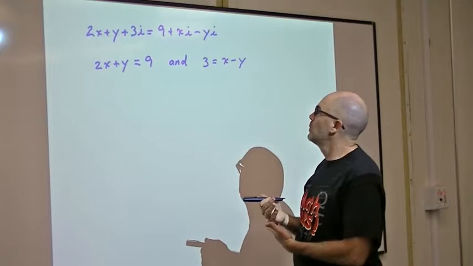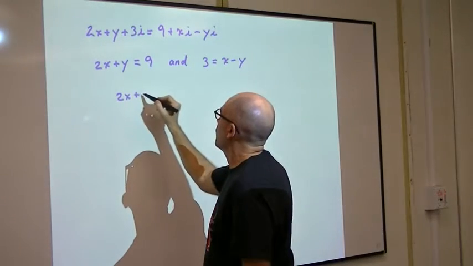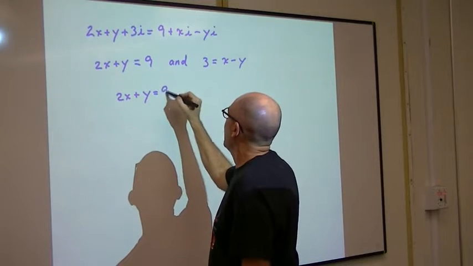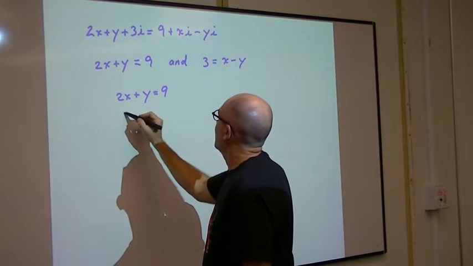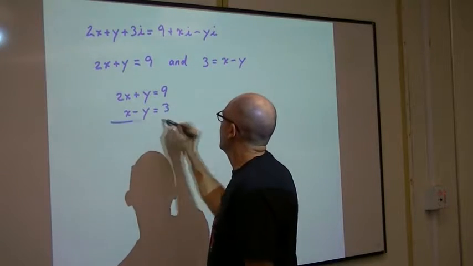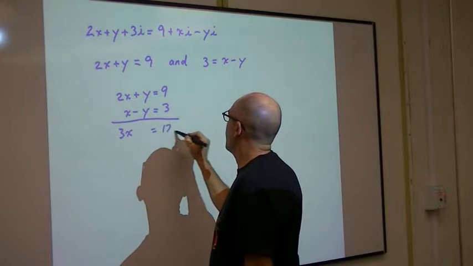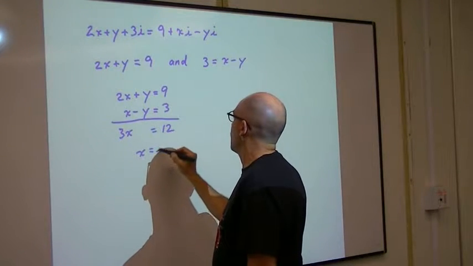So I can put them together and say, okay, 2x plus y equals 9, and I'm going to add x minus y equals 3. The y's drop out. I've got 3x equals 12, so x equals 4.